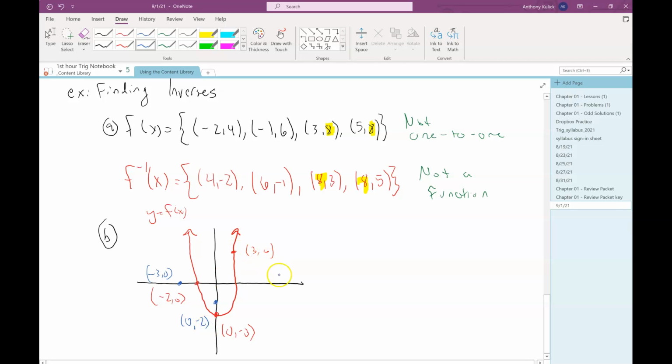And then 3, 6 becomes like 6, 3. And then since 0, -3 was the vertex for my function, -3, 0 should be the vertex for my inverse. So if I draw my inverse, it should look then like this.